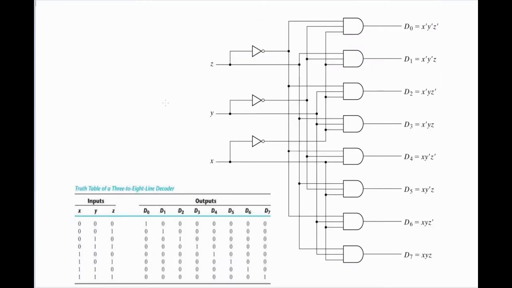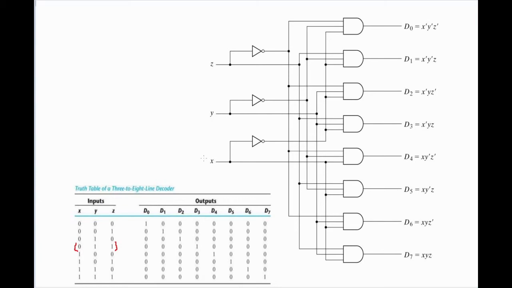Right here we have the logic gates for a decoder, a 3 to 8 line decoder. So I'm going to try to prove it here. These are the Z, Y, and X inputs, and here we have D0, D1, D2 until D7. So I'm going to take a random value here, and I'm going to choose this one.